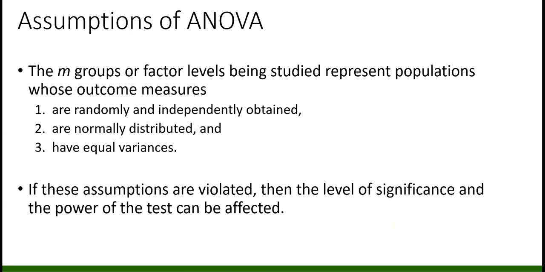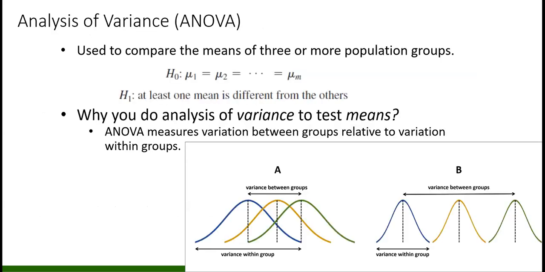The ANOVA is based on multiple assumptions. First, we are assuming that each population has a normal distribution, a symmetric distribution.